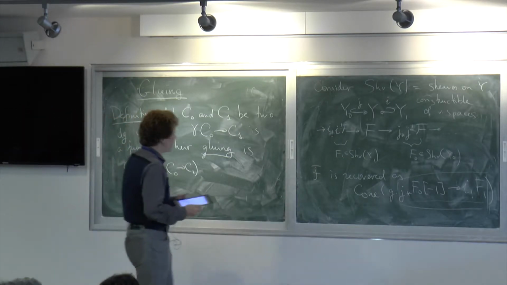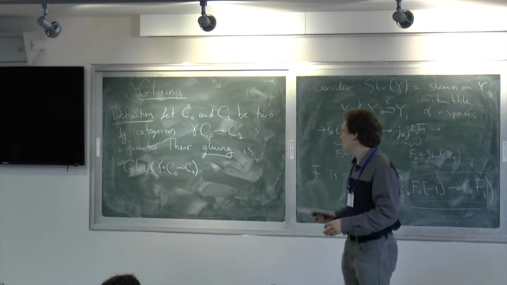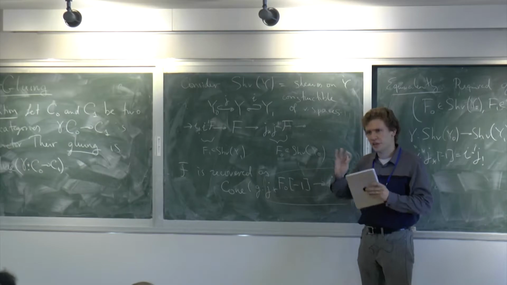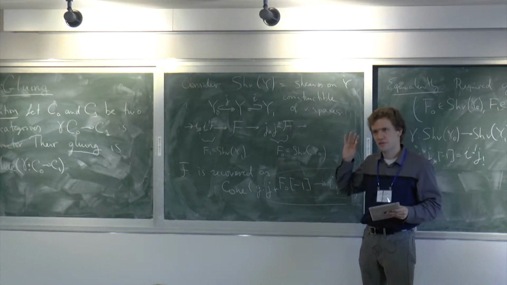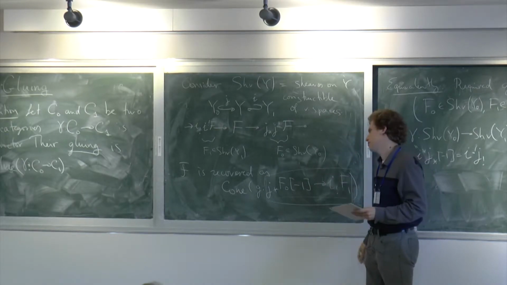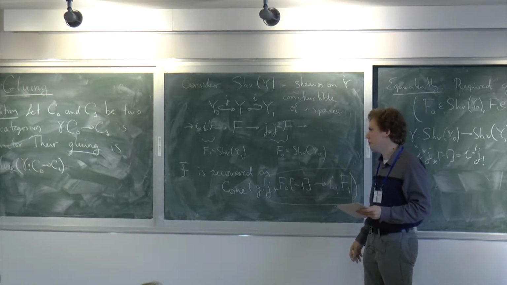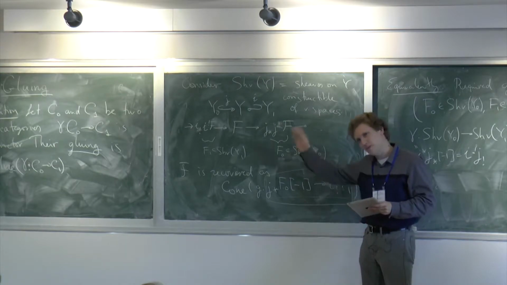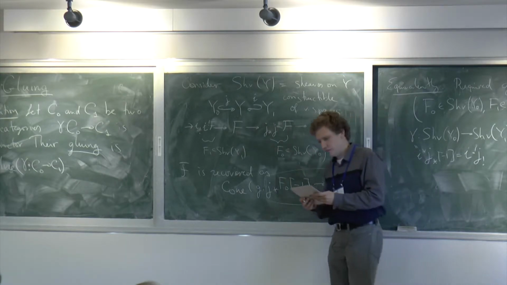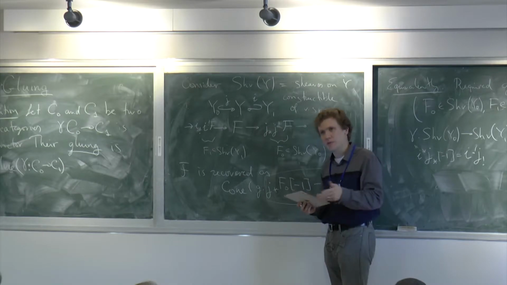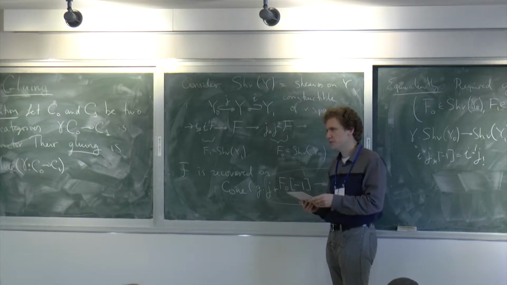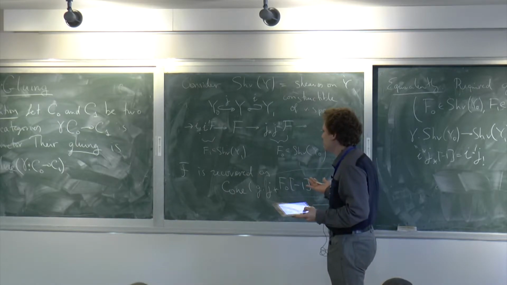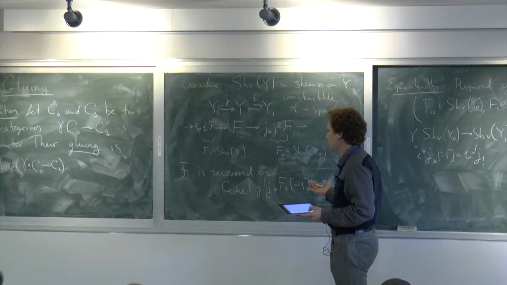I mean, here I'm thinking about DG categories. There is a version of this in the infinity setting, but I'm thinking of DG categories as realization. I'm not sure. I really want to work with strict. Well, the infinity categories are essential when you try to work with things that are non-linear.